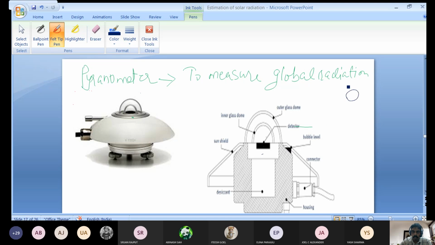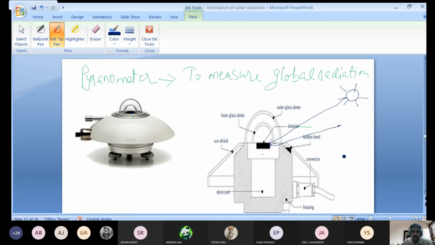Suppose the sun is there, all sorts of solar radiation come. Beam radiation can come and hit it, and any diffuse radiation, that means other than direct radiation, can also come and hit here. In the actual instrument, on top you can see a sensor, no? This sensor is exposed to both the beam and the diffuse radiation. That means global radiation, so it will measure global radiation.